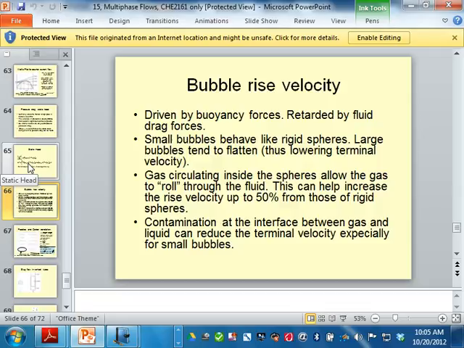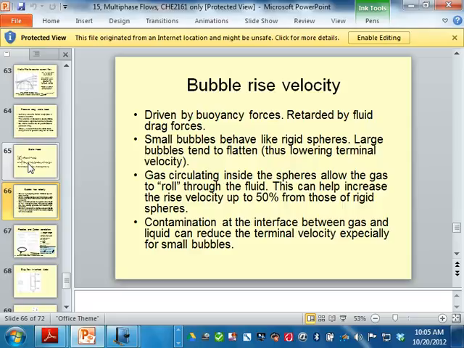Okay. So this is not so easy to predict theoretically. So some researchers have observed and studied how bubbles rise in columns. So you study one bubble first. Watch one bubble. You ever watch one bubble rising up?